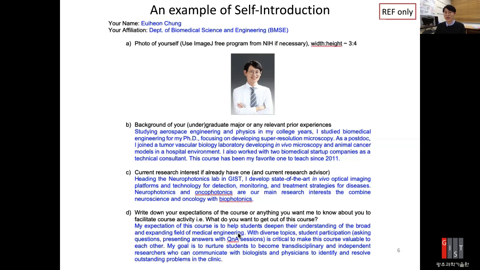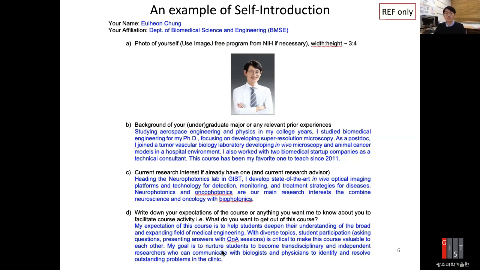We have a lot of diverse topics, and student participation, especially you guys asking questions and presenting answers with your own questions, is critical to make this course valuable to each other. So we are making this course content together, putting it on top of the base material by having your own questions.